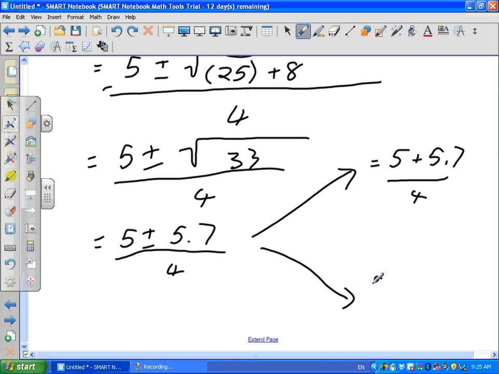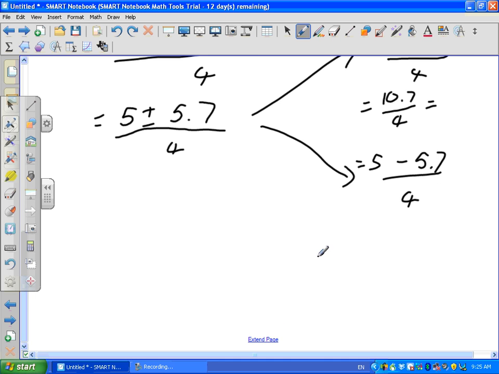Another one says 5 subtracted by 5.7 over 4. This will be 10.7 over 4. Anyone know? I'll leave that for a second while someone figures it out. This one will be negative 0.7 over 4.